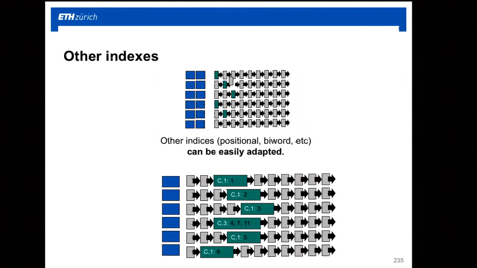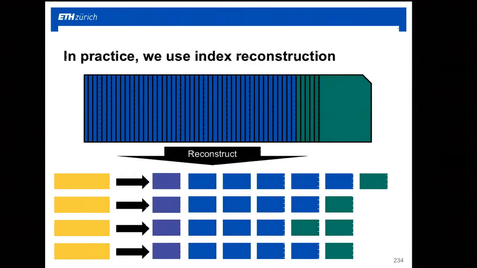Okay? So now to wrap up this lecture, we saw BSBI, SPIMI, MapReduce, and logarithmic merging, so the online index construction. We've done it with the standard inverted index, the plain and simple inverted index, where you have terms associated with lists of document IDs. But we've seen in week 3, I think, that we have other kinds of indices as well.